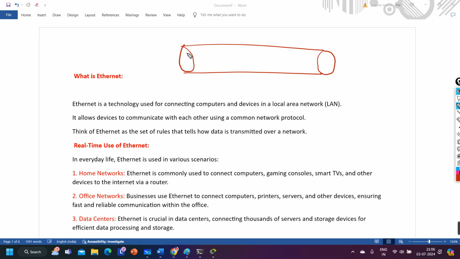Under this Ethernet cable, guys, we have lots of pins. 8 pins are there, means 8 wires are there, very thin wires. Now how are you going to connect the connector over here on both ends? On the basis of that we have divided the Ethernet cable. Getting my point? How am I going to connect the connector?